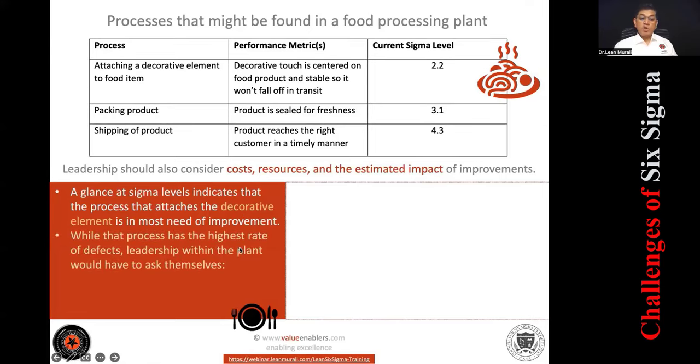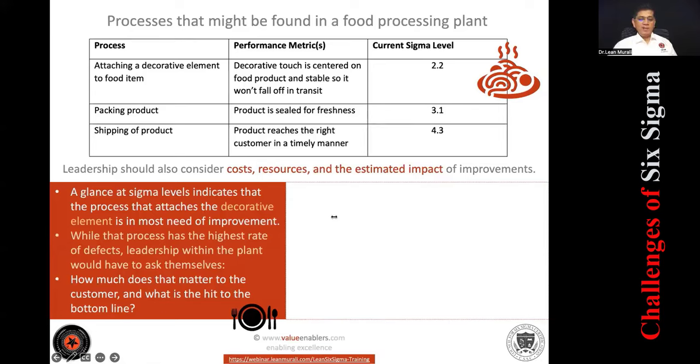While the process that has got highest rate of defects, leadership within the plant would have to ask themselves, how much does that matter to the customer? Does a decorative item matter more to the customer, or packaging matters most to the customer, or shipping matters most to the customer? D or P or S, which matters most to the customer?